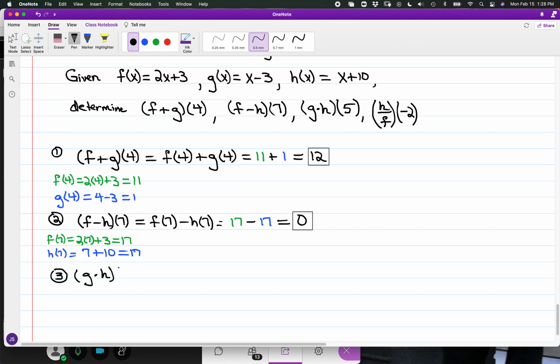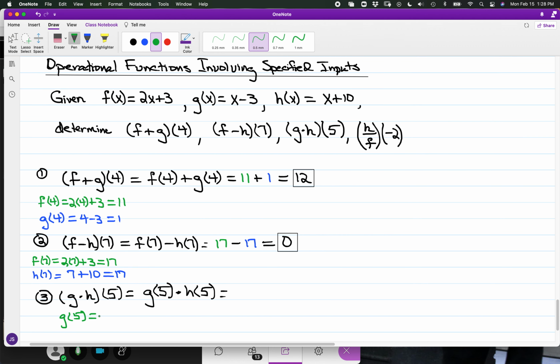And for g times h of 5, okay, so we're looking at g of 5 times h of 5. So we have with g of 5, we have 5 minus 3.